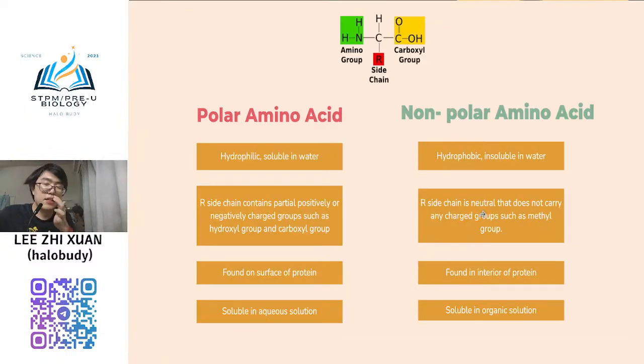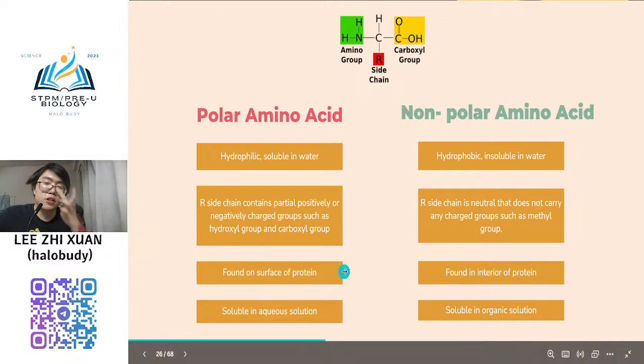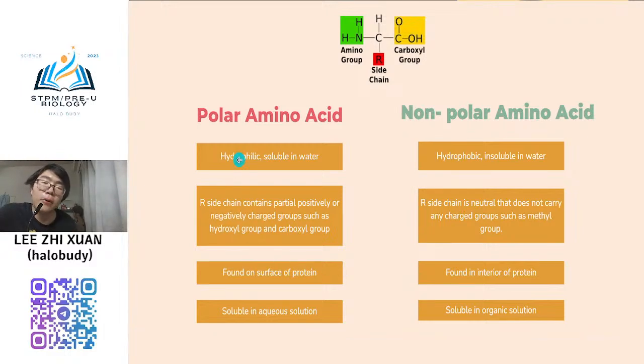And then this is the difference between polar and non-polar amino acids. Normally polar amino acids are hydrophilic, they can dissolve in water, but non-polar amino acids cannot dissolve in water. Polar can dissolve, non-polar cannot. This is a general concept.